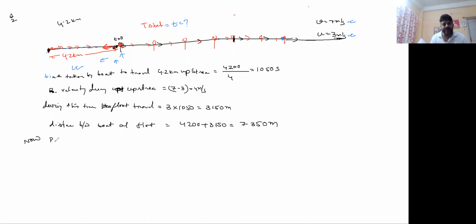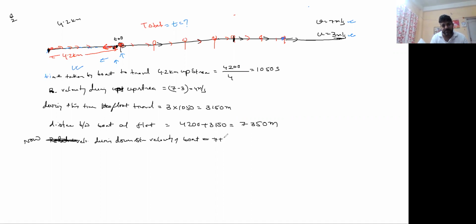So now relative velocity. Let's write velocity during downstream. Velocity of boat will be 7 plus 3.